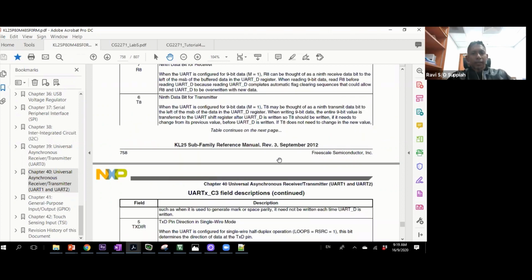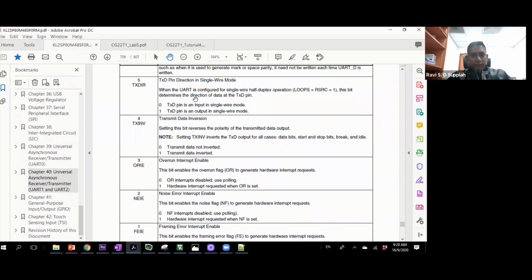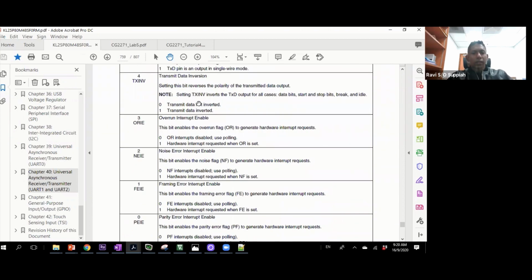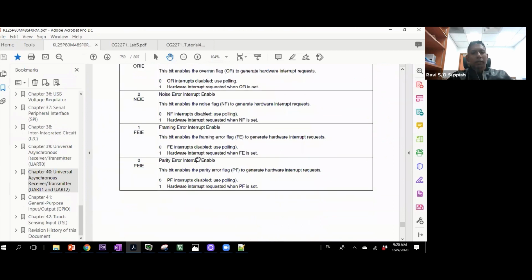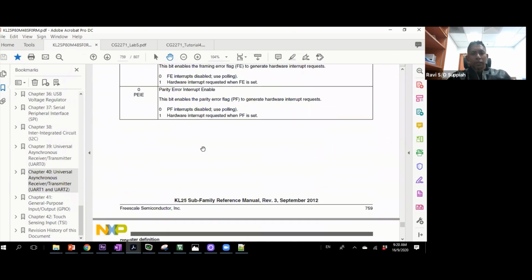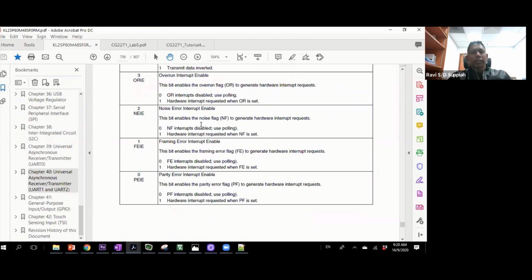The other one is things like interrupt enable for error. As you can see, there is a noise error interrupt. This is what I mentioned just now.